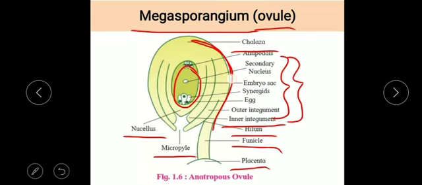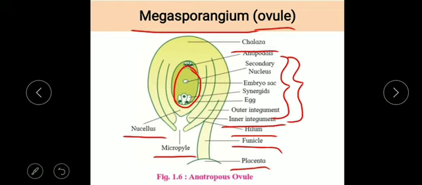This entire part is called the raphe. The raphe is actually an extension or continuation of the funicle along the entire ovule, giving mechanical protection or support to the entire body of the ovule. So that's what the raphe is.